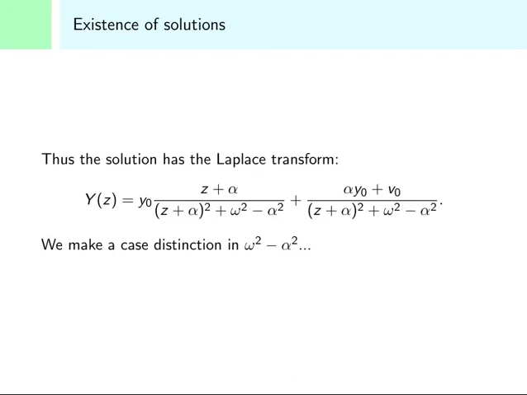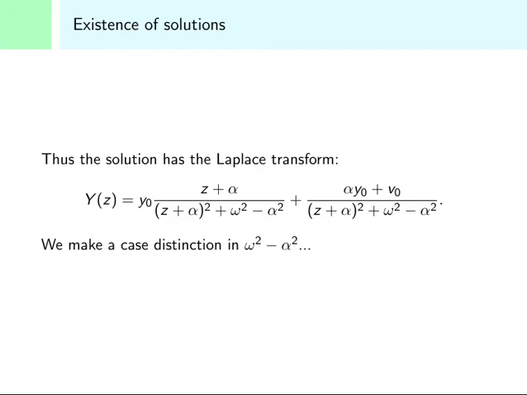Okay, with that, the solution has the following Laplace transform. Capital Y of z is y0 times z plus alpha divided by the square of z plus alpha plus omega squared minus alpha squared, plus alpha y0 plus v0 divided by z plus alpha squared plus omega squared minus alpha squared.